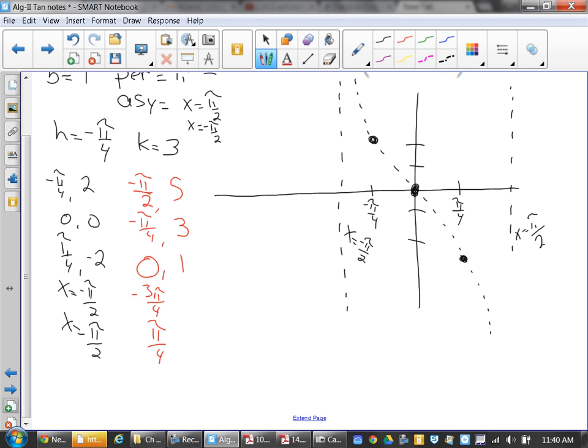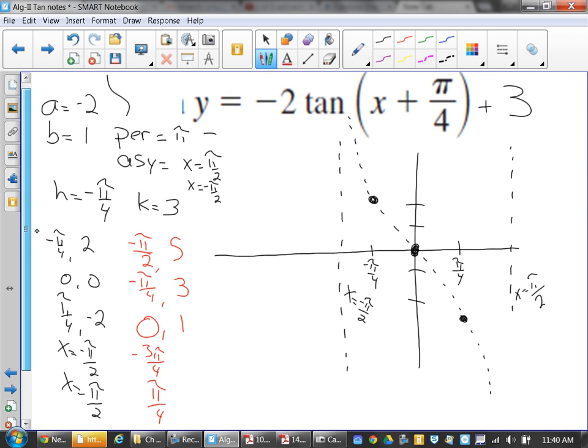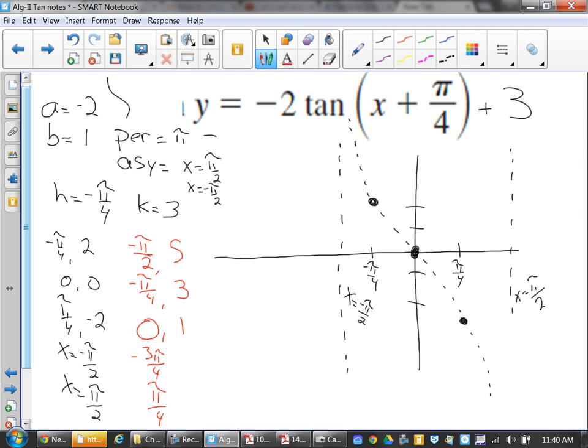Okay. Now, when you go to plot these, yes, you're going to have a lot of overlap sometimes. If you look at your graph, you only really have to put in one extra value. It's the asymptote at negative 3 pi over 4. So here's our negative 3 pi over 4. It's our asymptote. My other asymptote is at pi over 4, so I put it in.